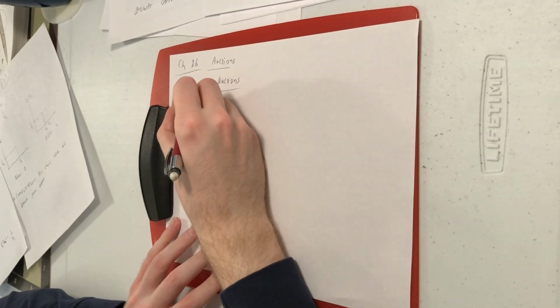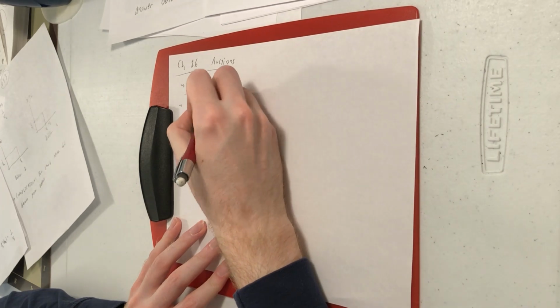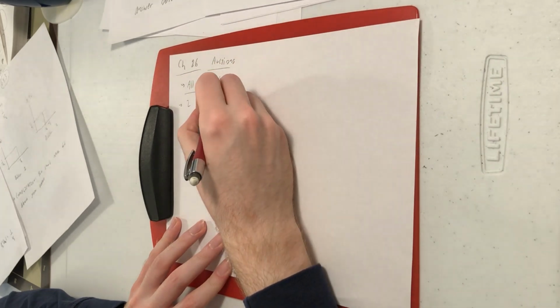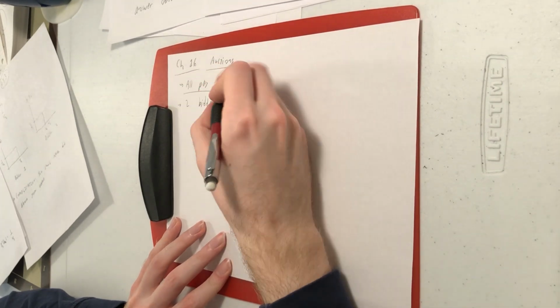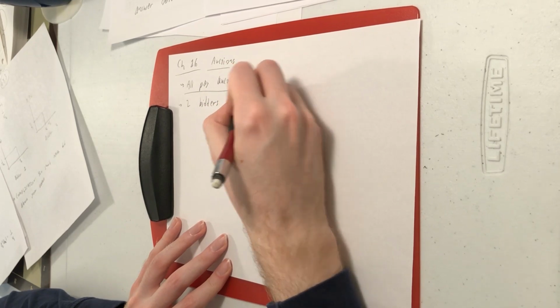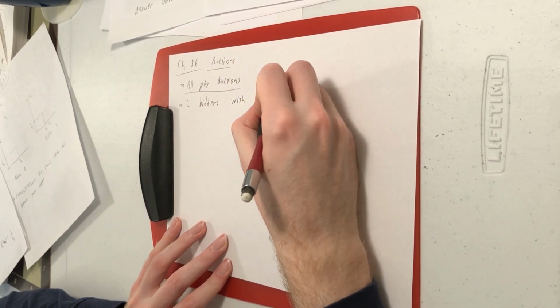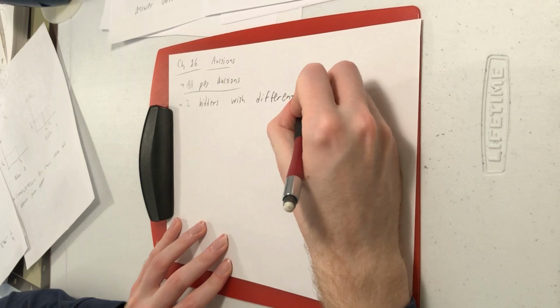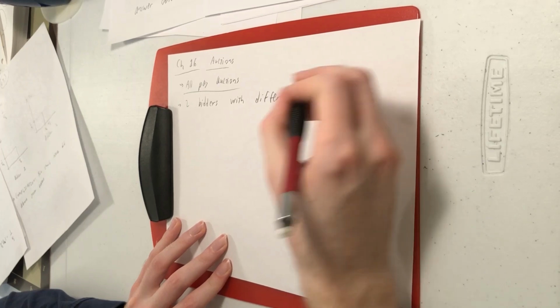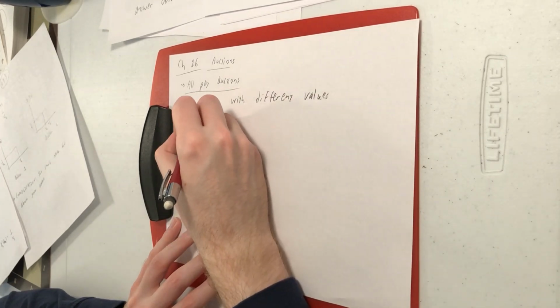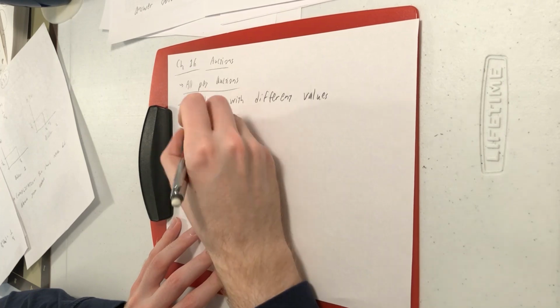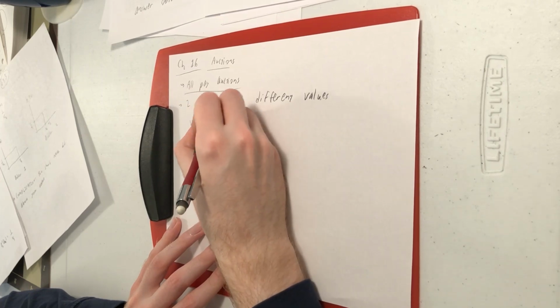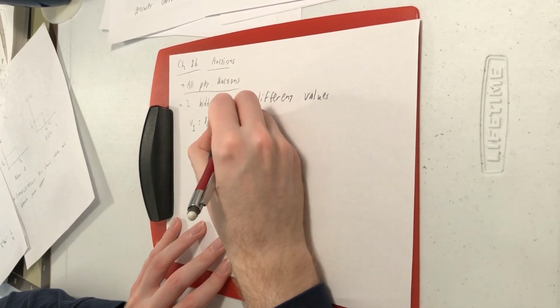We'll start with the very simplest case. That's when there are just two bidders. V1 is going to be bidder 1's value.